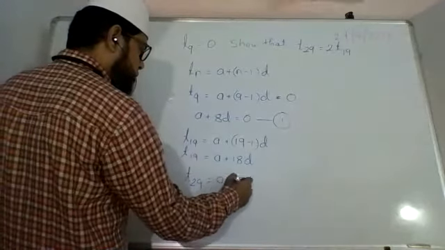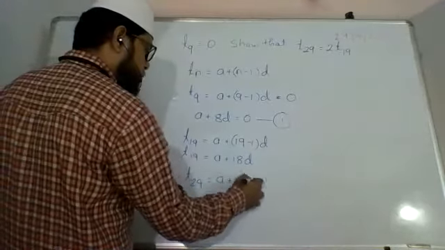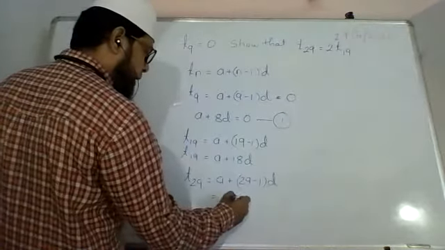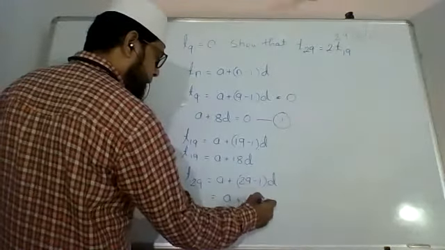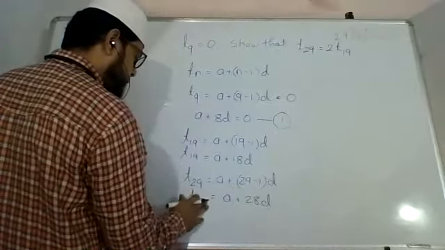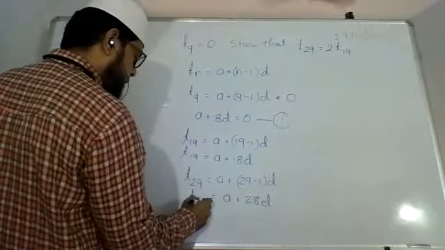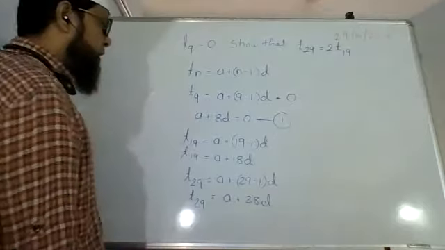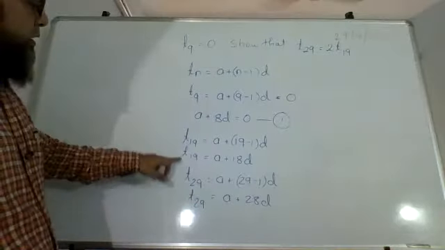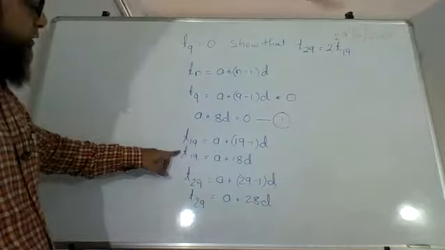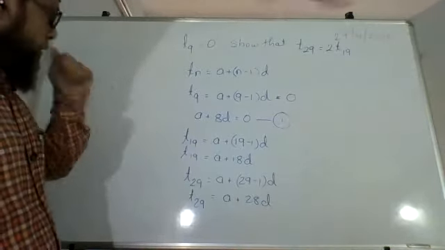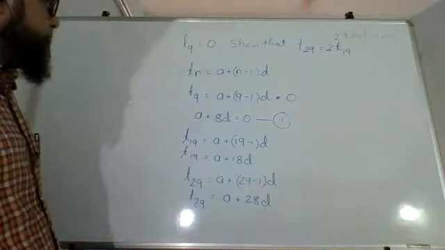A plus 29 minus 1 D, which is A plus 28D. Now you have to show this is double of this. So how are we going to go about that?